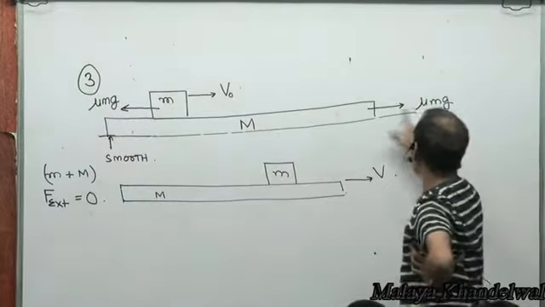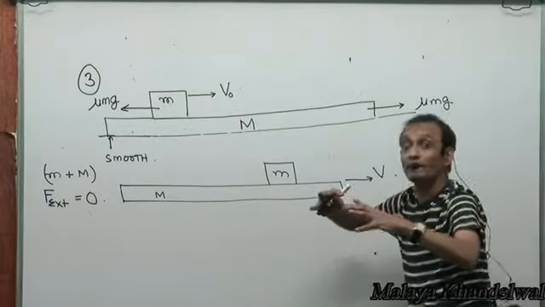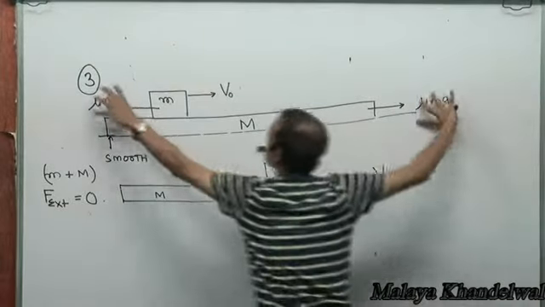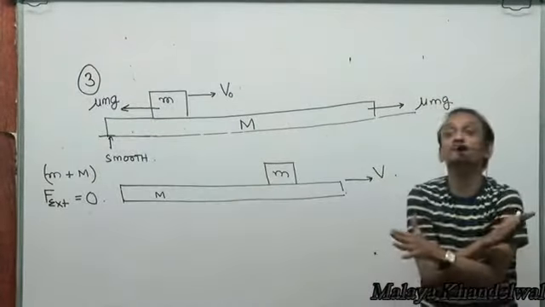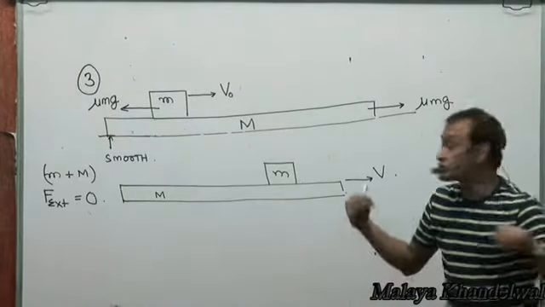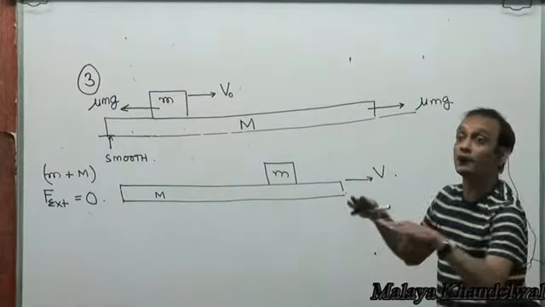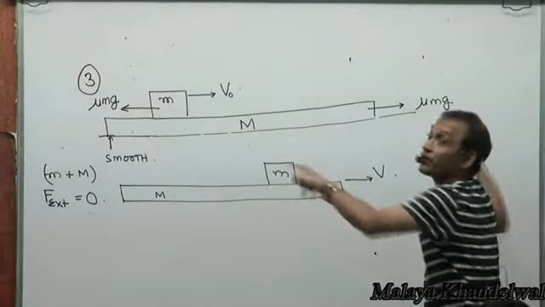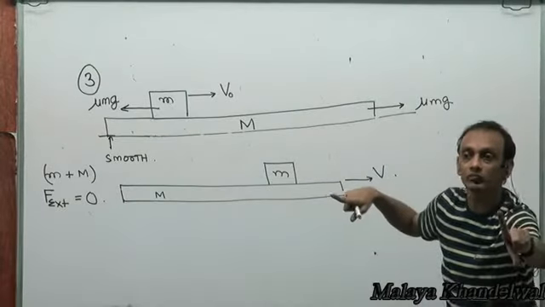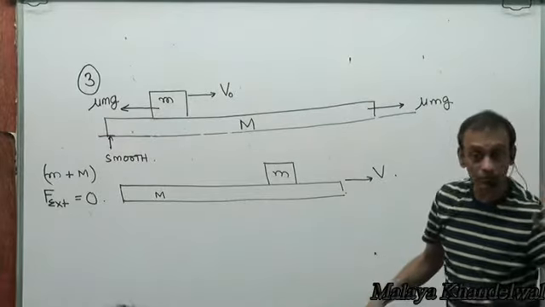If I look at capital M alone, this is an unbalanced force in the horizontal direction. But if I look at small m plus capital M, then these two forces are internal forces and they would cancel off in pairs, right? Their status is reduced to 0. On a system comprising small m plus capital M, the net external force in the horizontal sense must be 0. Only for a system comprising small m plus capital M, right?